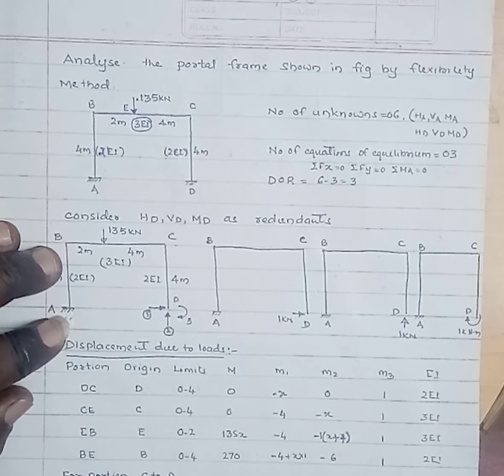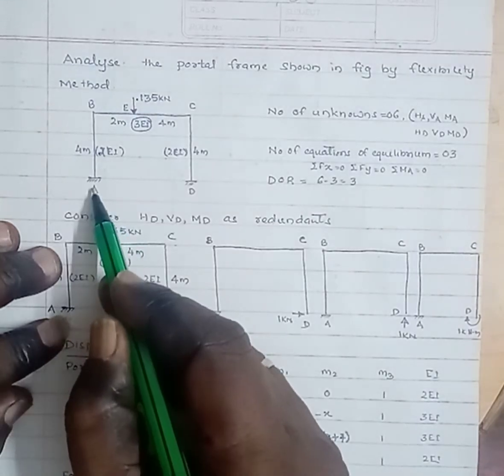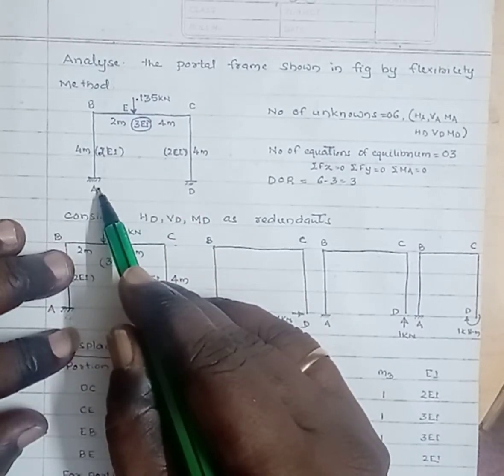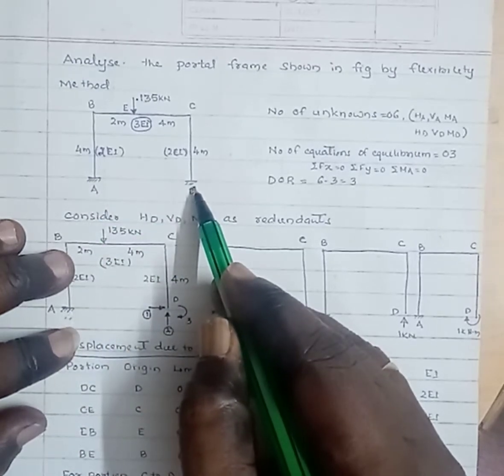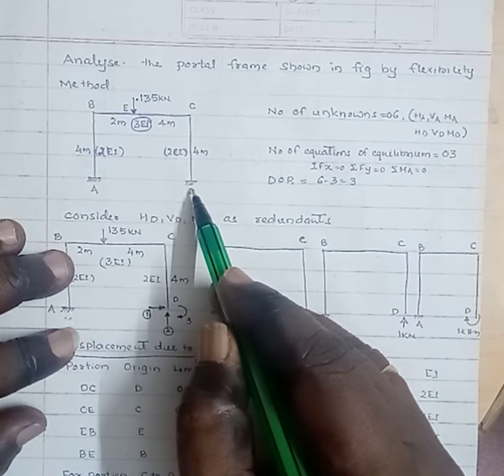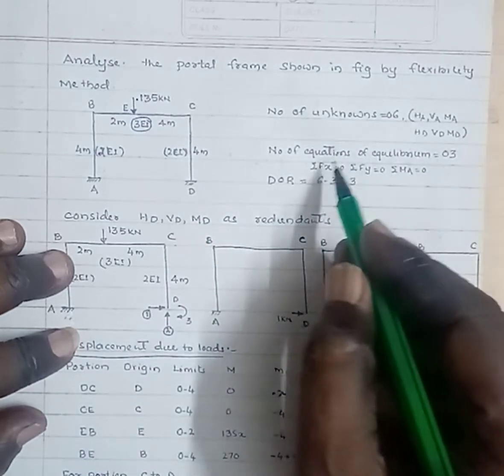First we have to consider the degree of redundancy. The number of unknowns: this end is fixed and that end is fixed, 3 at each end. HA, VA, MA are the unknowns at A, and HD, VD, MD are the unknowns at D. The total number of unknowns becomes 6.